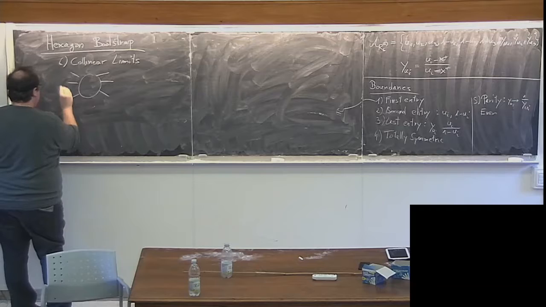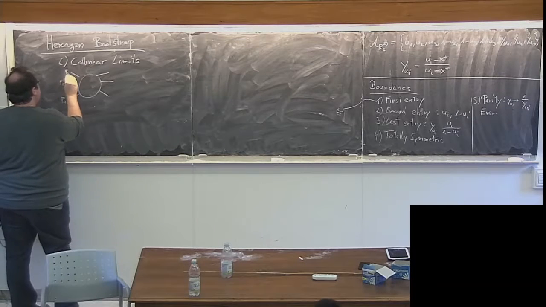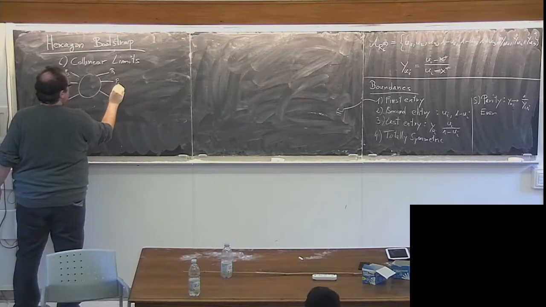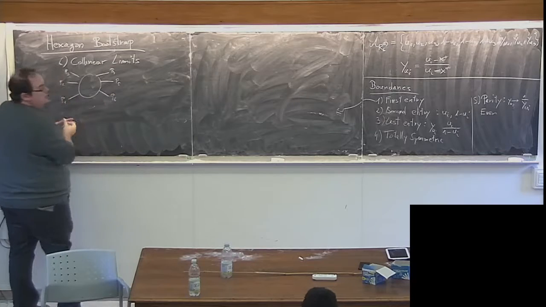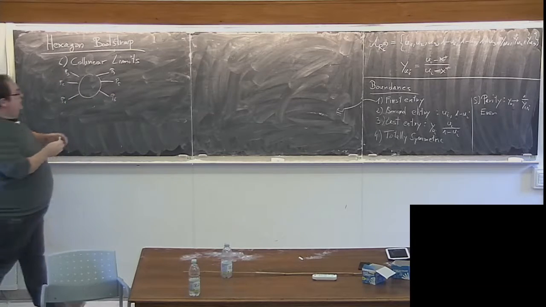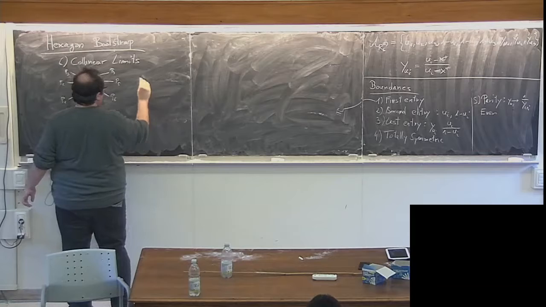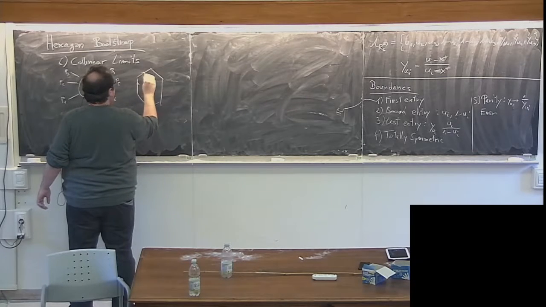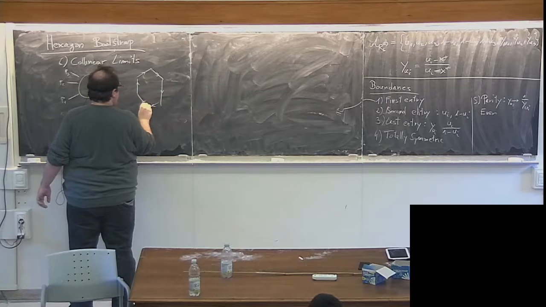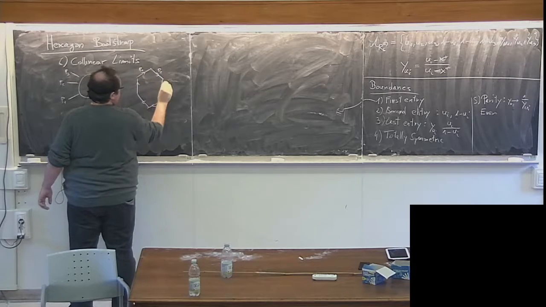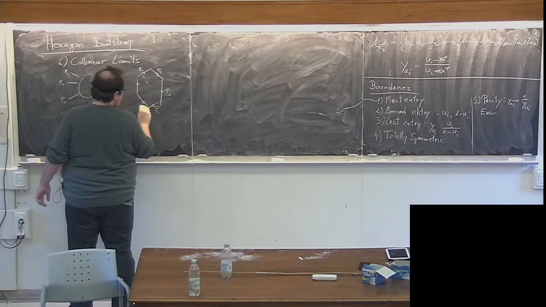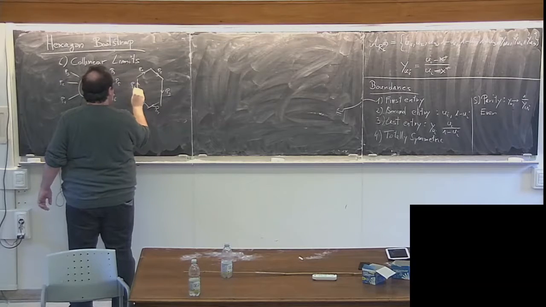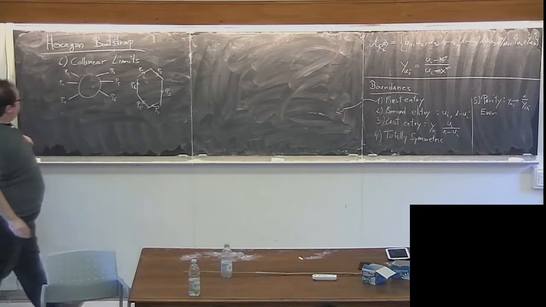Okay, so I have P1, P2, P3, P4, P5, P6, and I remove the piece that I got from exponentiation. Equivalently, this thing is a hexagon. P1, P2, P3, P4, P5, and P6.